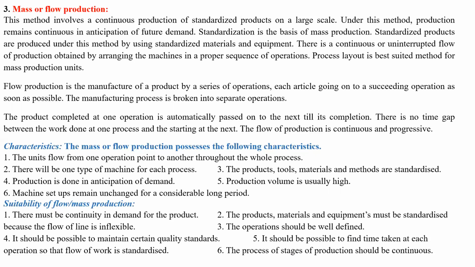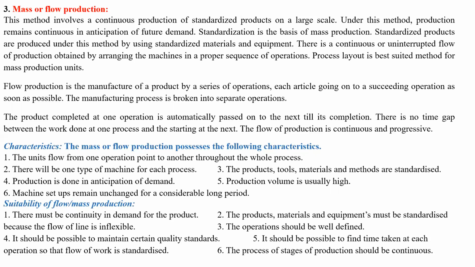Standardization is the basis for mass production. A standard will be fixed, and the products are made to that same standard, all the materials are purchased, and equipment is adjusted according to that particular standard, and the same product will be continued for a longer period of time. Last class I told you the types of plant layouts: product layout, process layout, combined layout, and fixed layout.